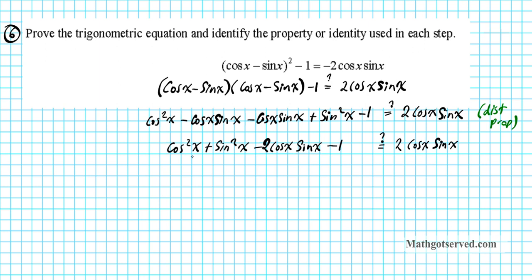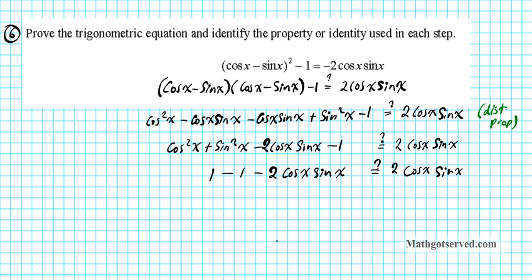Now, does this look like an identity that you can recognize, cosine square x plus sine square x? Absolutely, they add up to 1, right? So this is 1, minus, we can now move this 1 right here. 1 minus 1 minus 2 cosine x sine x. Is it equal to 2 cosine x sine x?